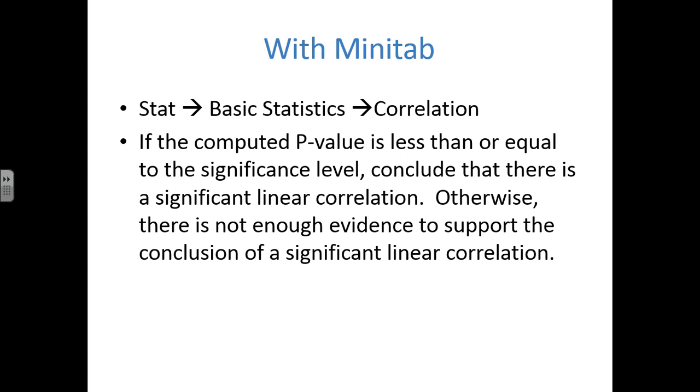Recall from our work in chapters 7 and 8 with hypothesis testing, normally a p-value less than or equal to 0.05 is considered significant, and thus with a p-value less than or equal to 0.05, we would conclude that the linear relationship between x and y is significant. Otherwise, we would state that there is not enough evidence to support a significant linear correlation.